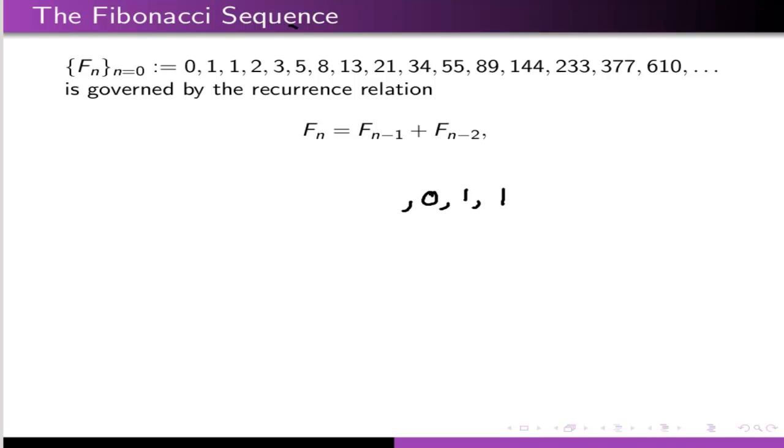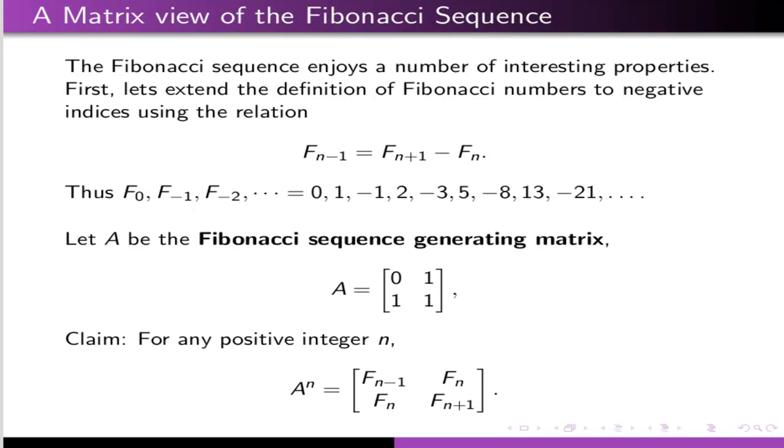I'll go 1 minus 0, which is 1, 0 minus 1, which is negative 1, 1 minus the negative 1 to get 2, negative 1 minus 2, 2 minus the negative 3, negative 3 minus 5, and what you see coming out is the alternating Fibonacci numbers going in this direction. So we will just write that sequence like this: F0, F negative 1, F negative 2, and so on, is the alternating Fibonacci numbers.